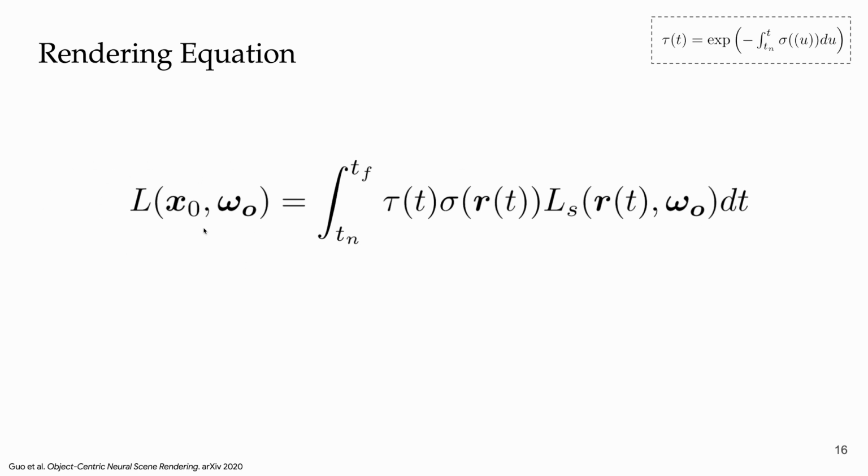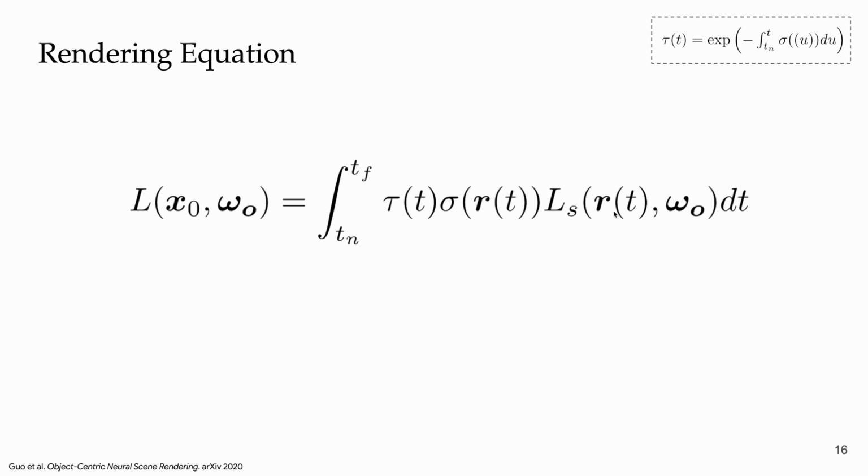We're computing the radiance of a single ray with origin x0 and direction omega O. The way we compute the radiance is an integral from some near and far bounds over these terms, which include the accumulated transmittance along the ray up until this sample t, then the density at that sample, and finally the amount of light that is scattered at that point in the direction omega O. As a reminder, this accumulated transmittance term is defined as above.